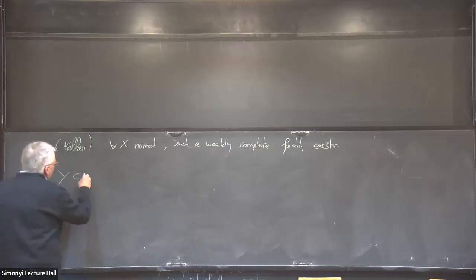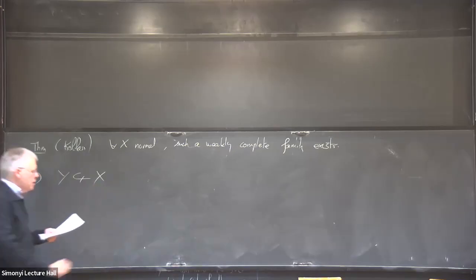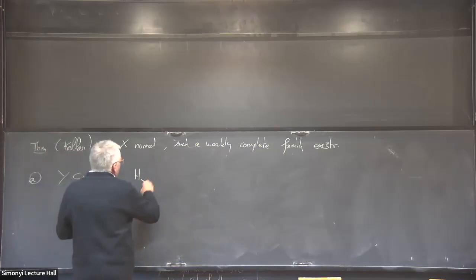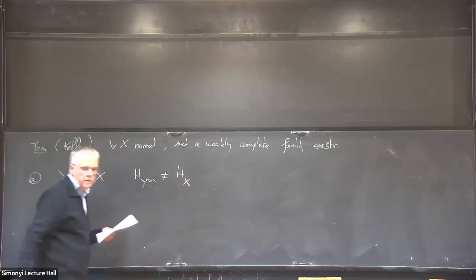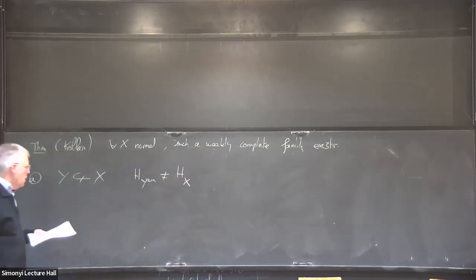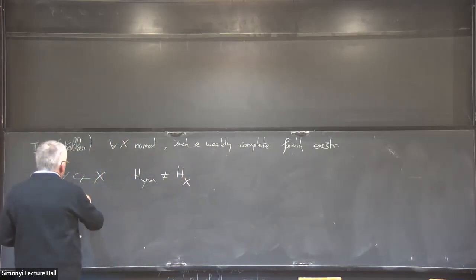Well, suppose you have an irreducible subvariety Y in X, such that when you look at H of the normalization, it is not the full group. Okay. Then I look at the following family.